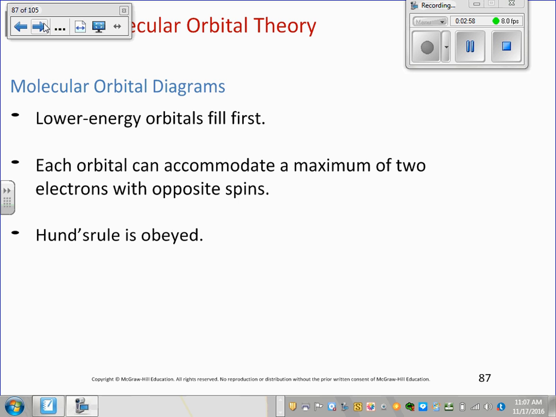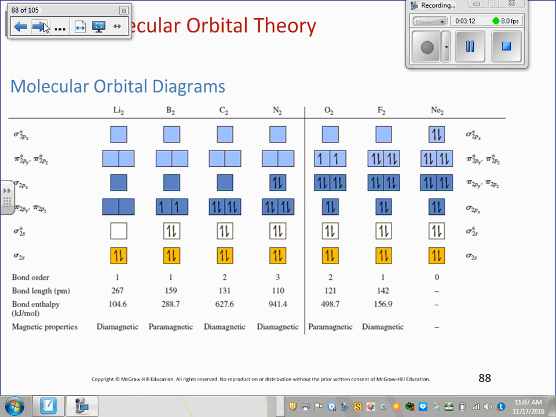Each orbital holds 2 electrons with opposite spins. And Hund's rule applies, which means if you've got 3 orbitals at the same energy level, they don't pair until you have to pair them. So if we look at Li2, well, we did Li2.